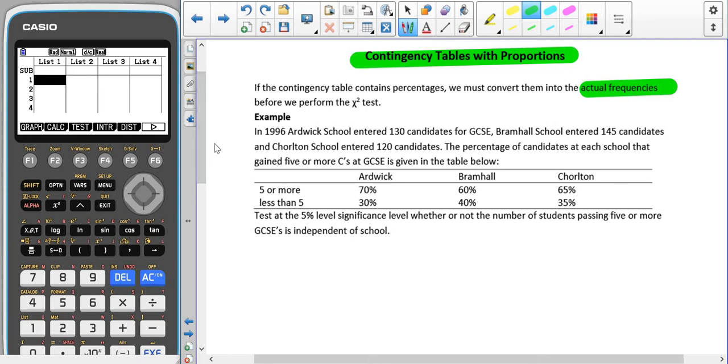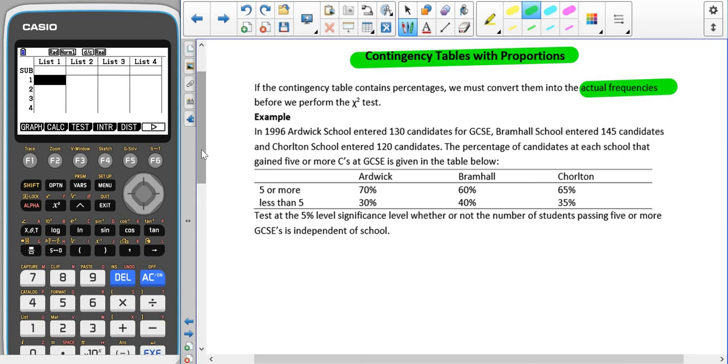In 1996, Ardwick School entered 130 candidates for GCSEs, Bramhall School entered 145 candidates, and Charlton School entered 120 candidates. The percentages of candidates at each school that gained 5 or more C's at GCSE is given in the table below.